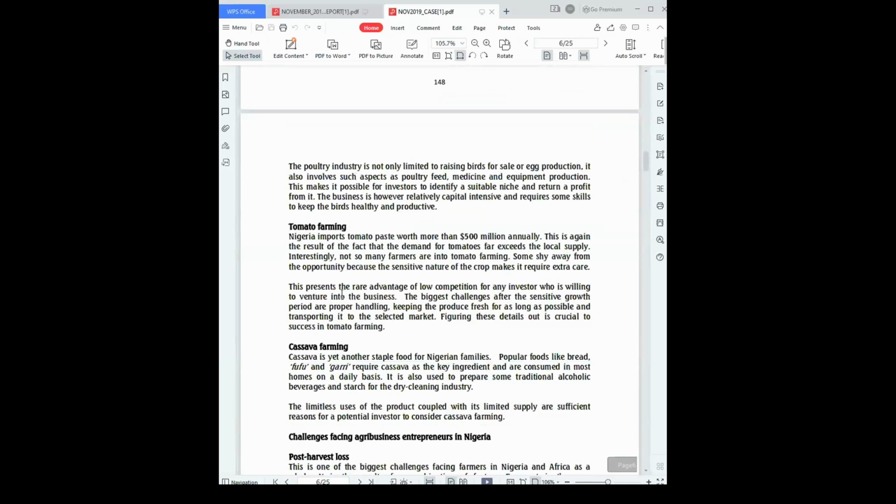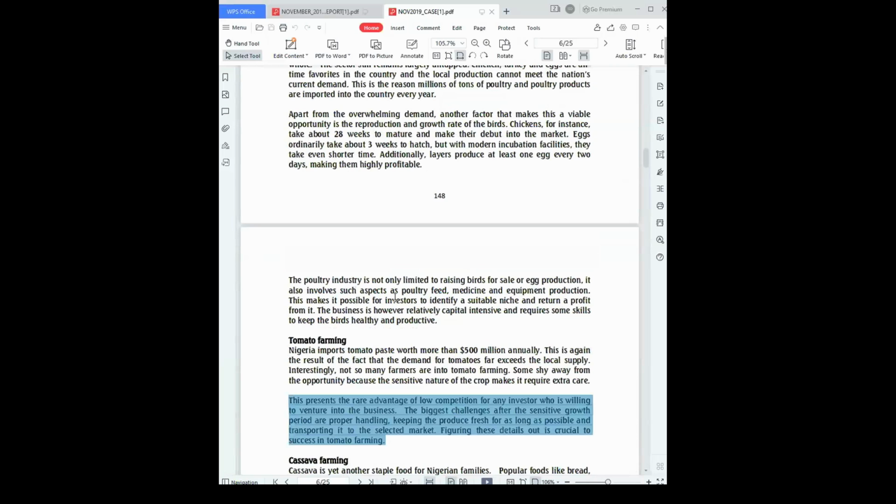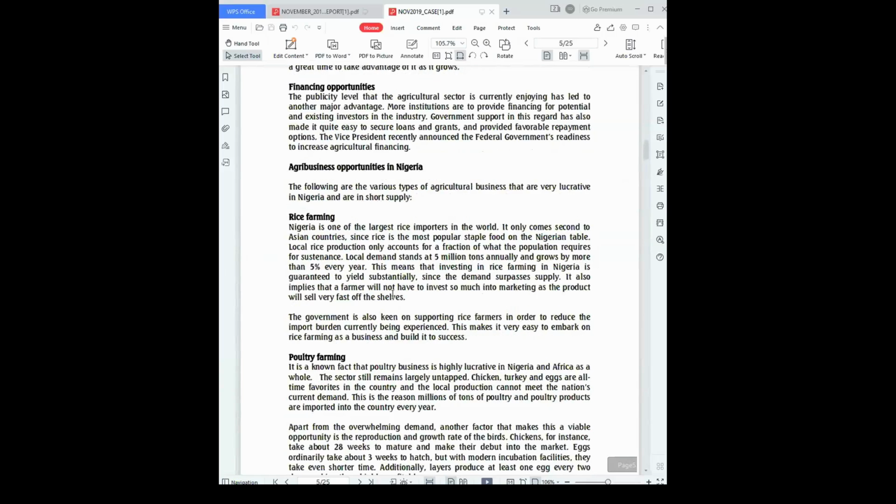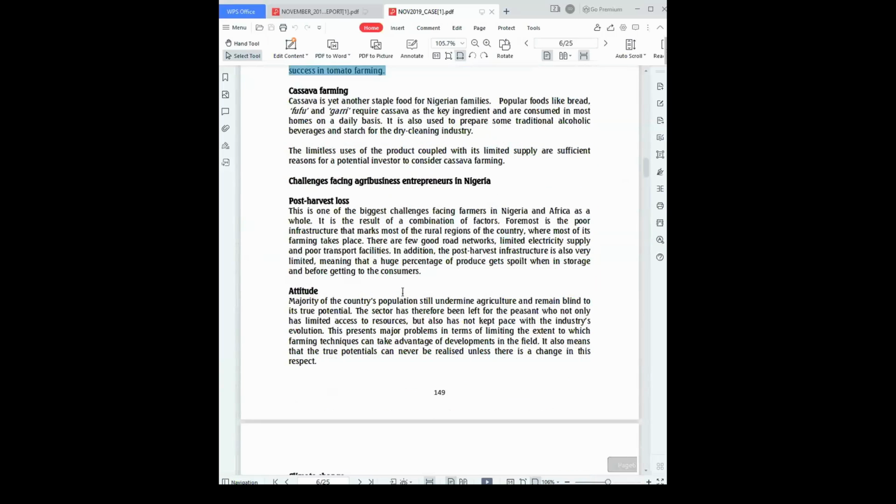They also have their weaknesses, like tomatoes, where you need so much to prepare them for market. Cassava farming and the others are all opportunities that we could advise our client to take advantage of.